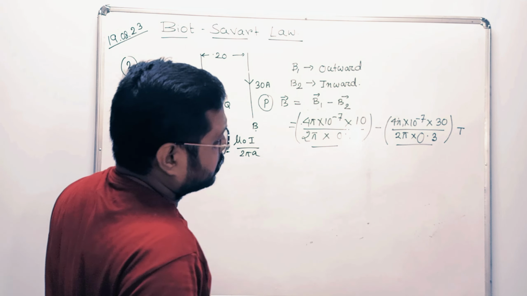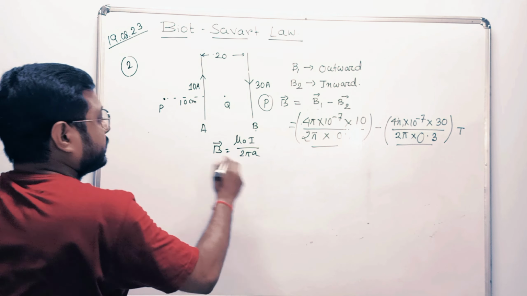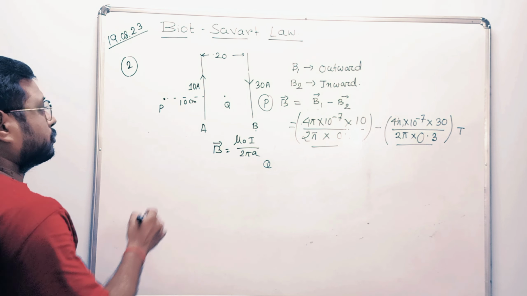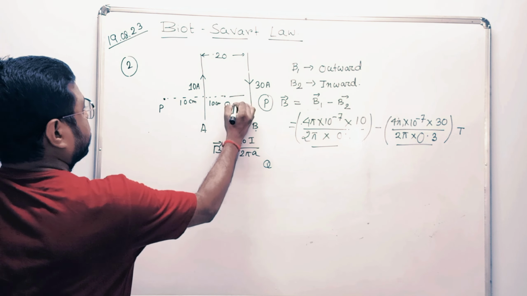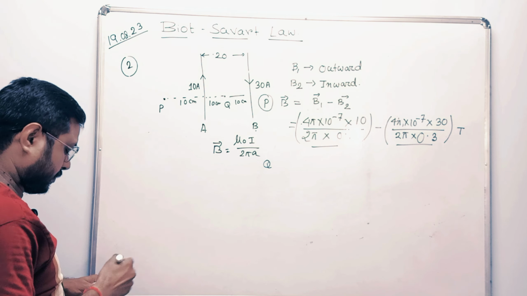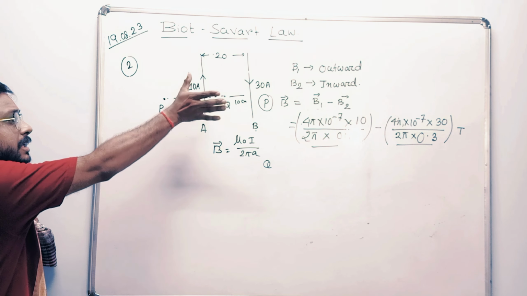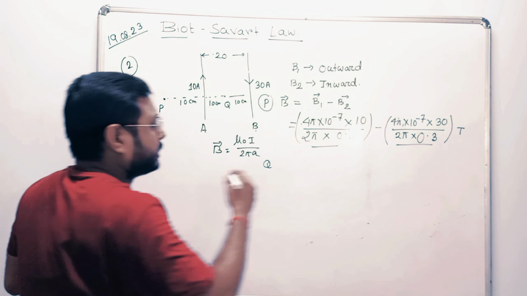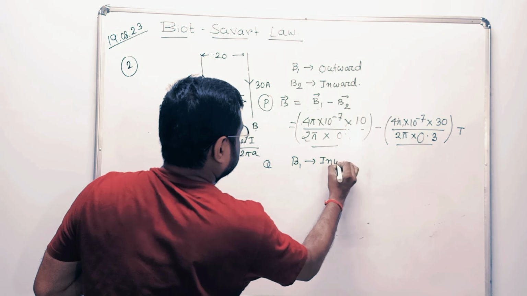Next, what is the resultant magnetic field at point Q? At point Q, the distance is 10 cm from both wires. Again, along the right hand thumb rule, if we extend our thumb and curl our fingers, at point Q the direction of B1 is inward.